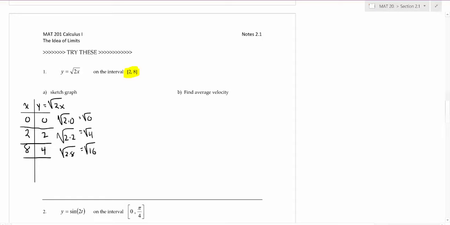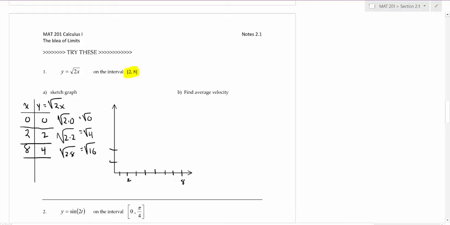So now we can go ahead and sketch our graph. So let me get a good coordinate system put together. And then we'll go ahead and find our average velocity. So what I'm going to do on this is just go out to 8. So we've got 1, 2, 3, 4, 5, 6, 7, 8. We need to go up to 4 on the y-axis.